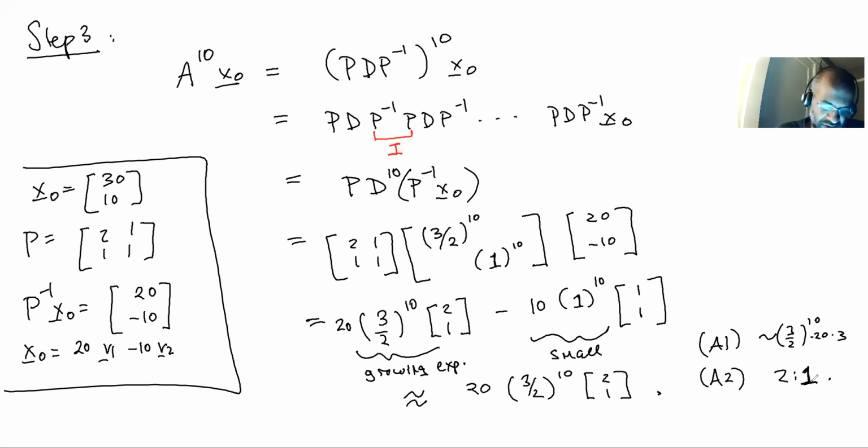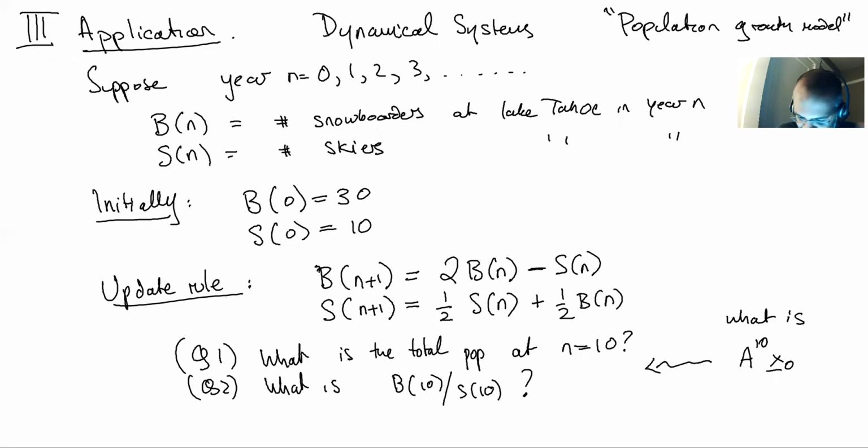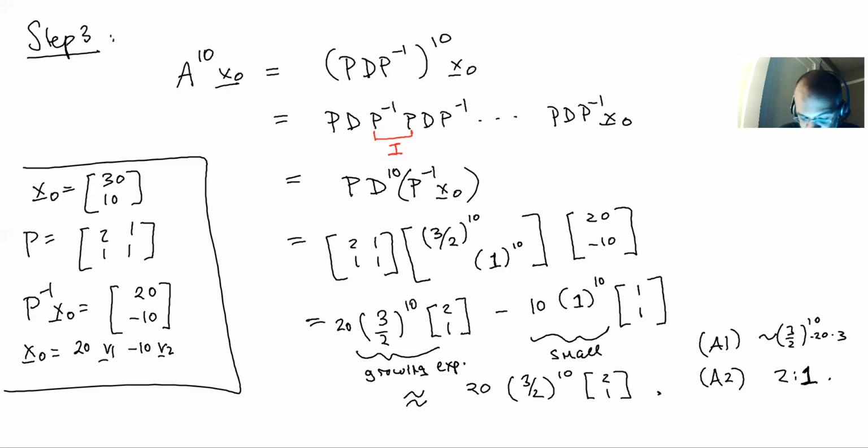Okay, so computing the eigenvalues and eigenvectors allows you to turn a complicated process like this one, in which everything is interacting, into a simple process where you have quantities that do not interact.